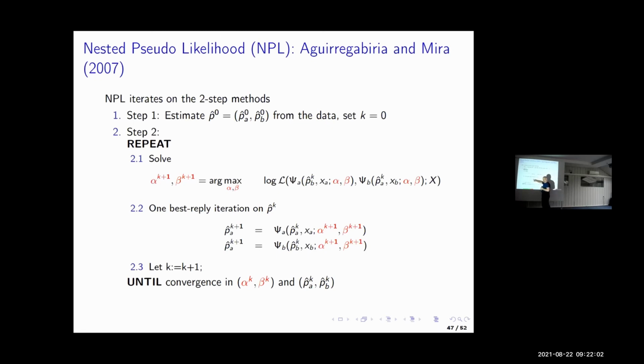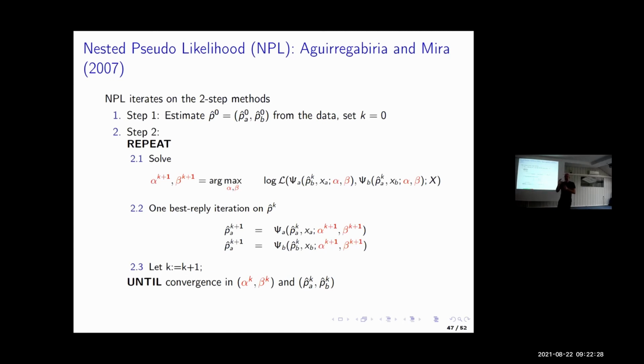That gives you a second step, and then you can use those as the initialization for that step. So instead of using the non-parametric estimates of the CCPs, you use those that are implied by the model you estimated with the two-step pseudo maximum likelihood estimator.